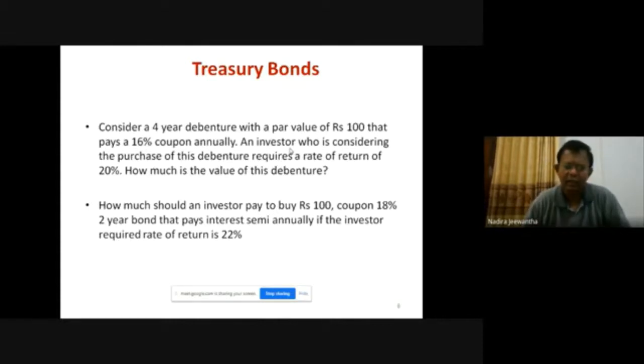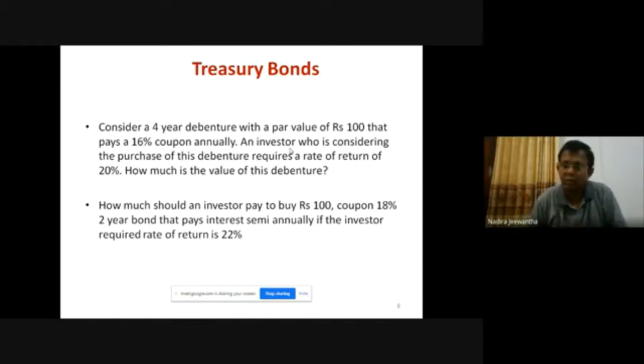You first calculate based on the unit price, which is 100. Nominal value is 100 and the face value is also 100. That's the assumption we are taking. Nominal value is anyway 100 in Sri Lankan government securities, but for the face value we presume that it's 100. We are getting 100 on the maturity. So that's important.